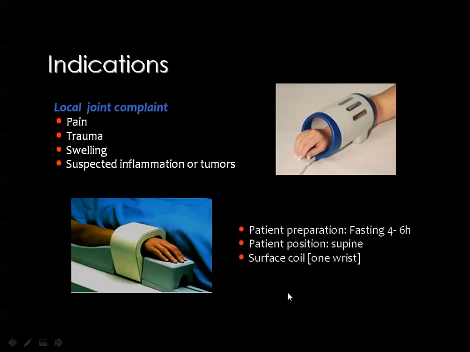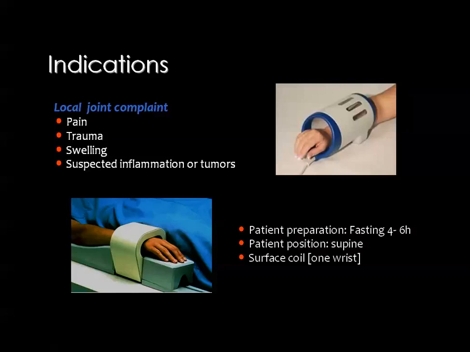You know that the reasons for examination of any joint by MRI are most likely those located to the joint itself in the form of pain, trauma, swelling of the joint, or whenever there is a clinical suspicion of inflammation or tumors based on previous examinations or just on a clinical evaluation.